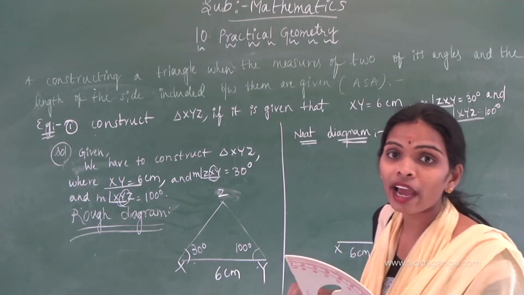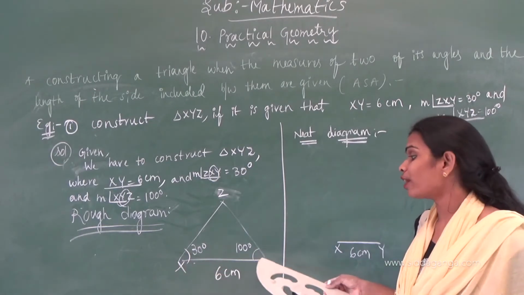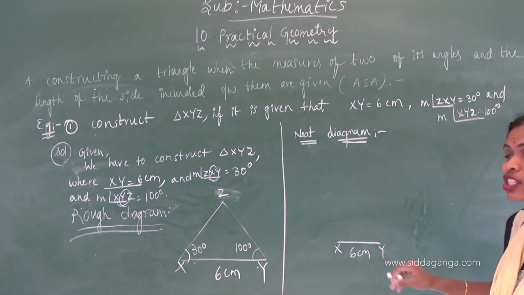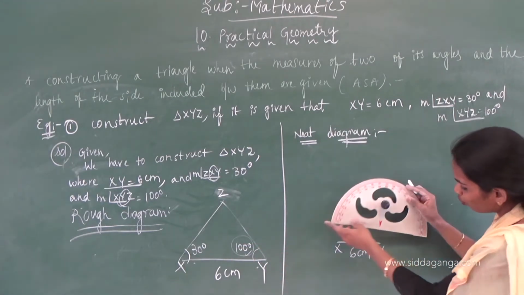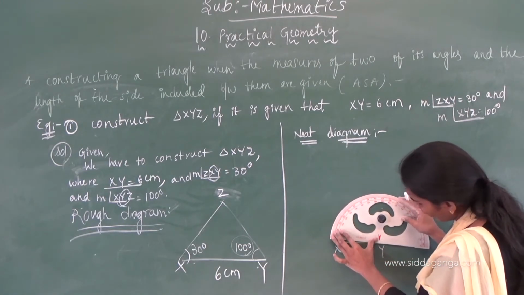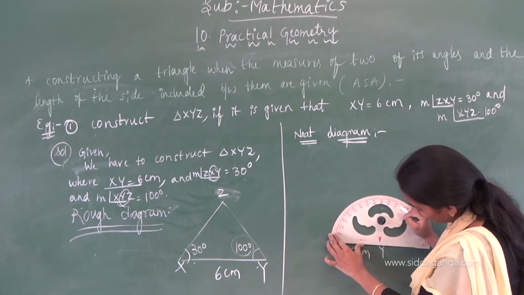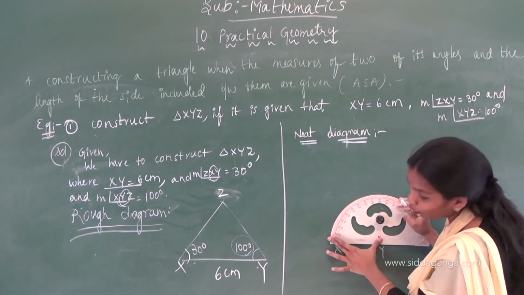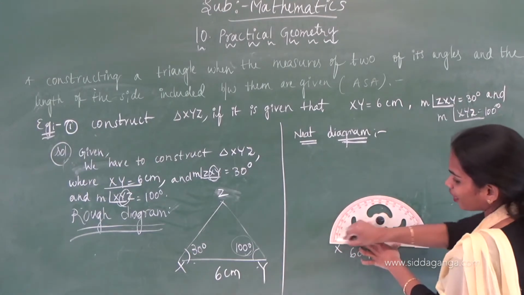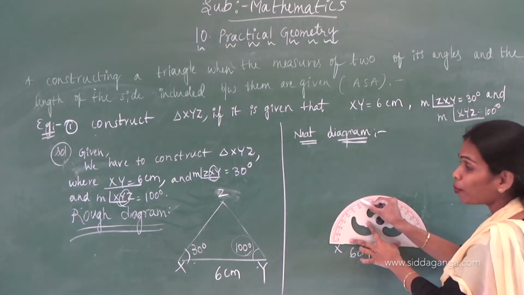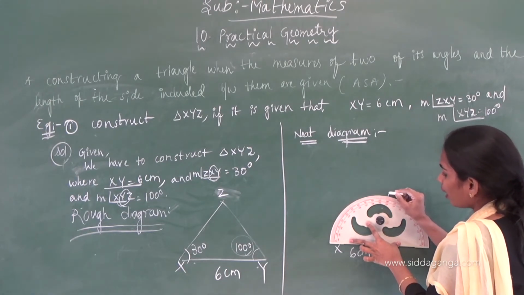Then what do we have to construct? We have to construct two angles, one through X and one through Y. Through Y we take the angle of 100 degrees, angle XYZ. I place the center of the protractor on point Y of the line segment XY and take the upper scale of the protractor where it gives 100.